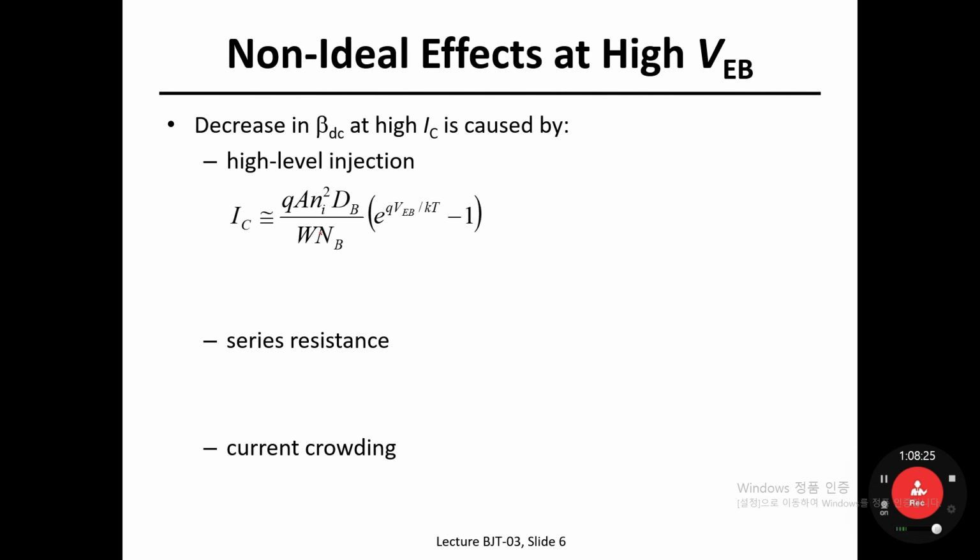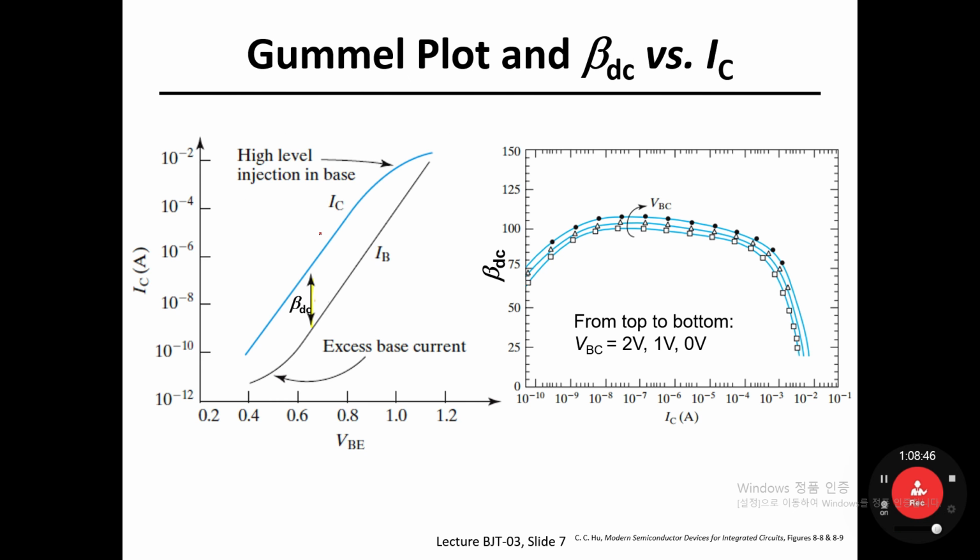And some other non-ideal effects will follow: high-level injection, series resistance. Those professional jargon words have already been used in explaining the non-ideal events in the PN diode. So the same words would be used in this BJT as well.